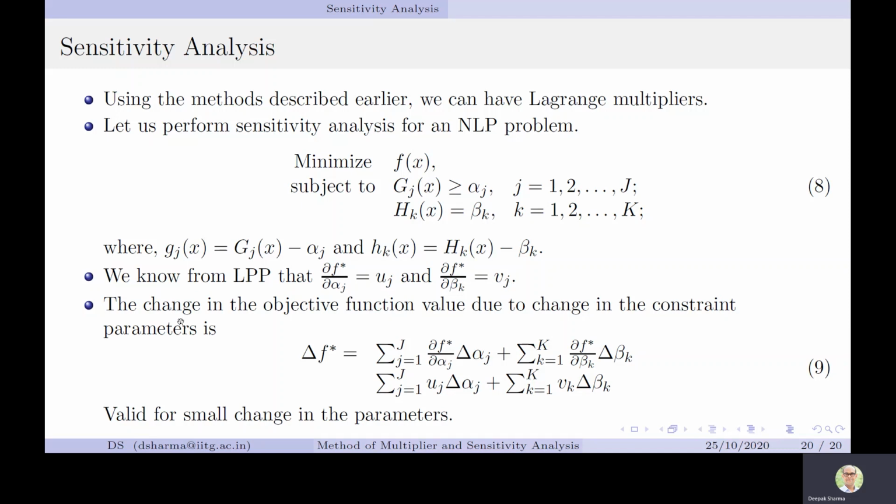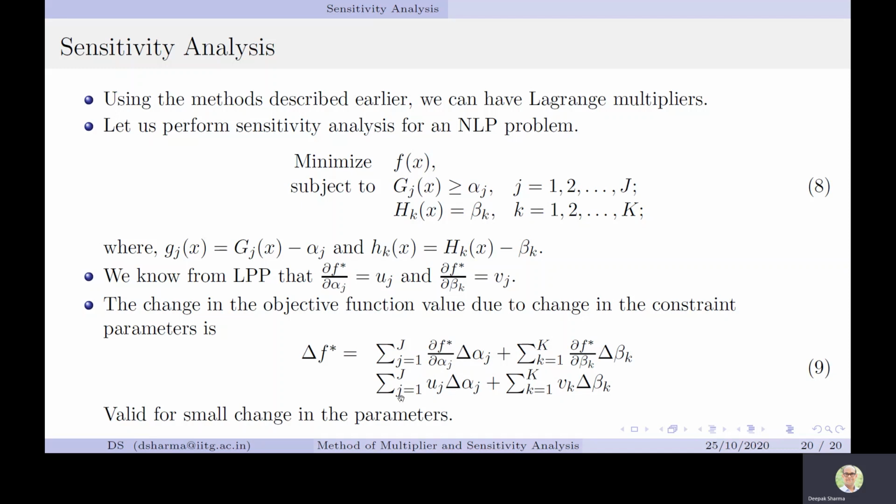So here the change in the objective function we can write as delta f star equals the summation over j equals 1 to capital J of dou f by dou alpha j times delta alpha j. Similarly for the equality constraints. Now we replace this differentiation of the function with respect to alpha j by the Lagrangian multiplier.